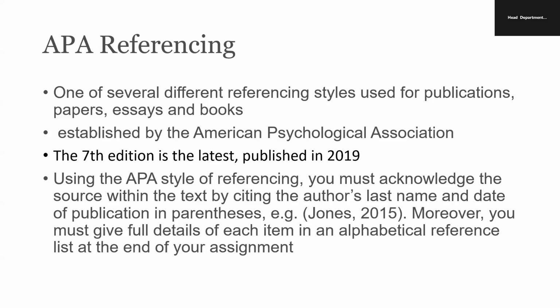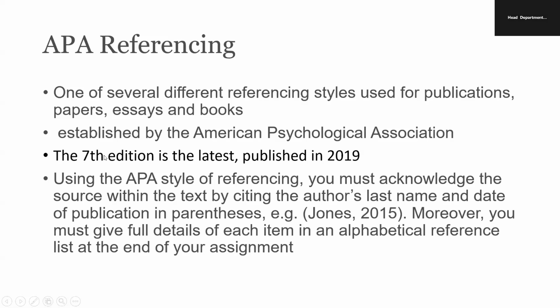However, we are using the APA referencing style. It is established by the American Psychological Association. That's why this is an abbreviation. We call it APA, American Psychological Association. Right. Nowadays, we are using the 7th edition.